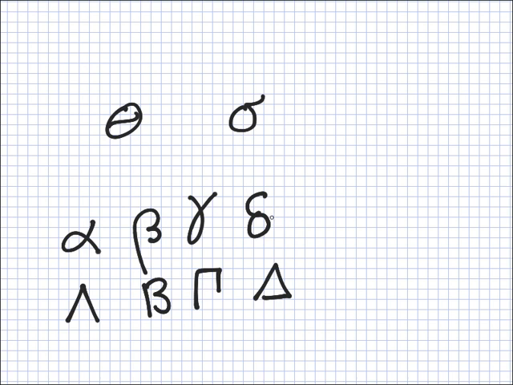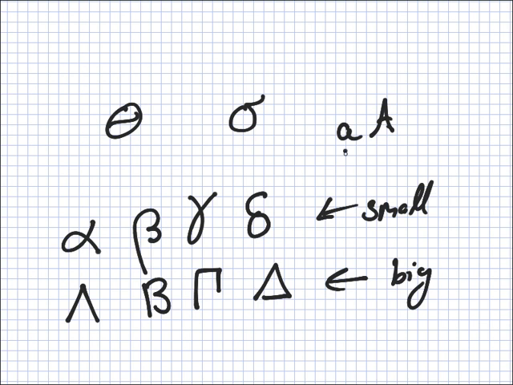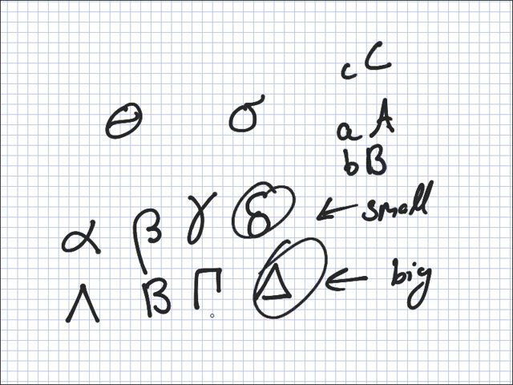Delta. The triangle is delta. No, this is small, this is big. Like small a, big A. Small b, big B. Small c, big C. Small delta, big delta.